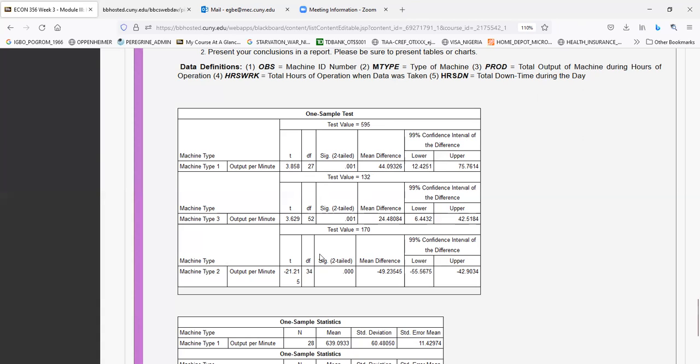For machine type 2, 85% of 200 is 170. And for machine 3, 85% is 132. So your null hypothesis is already given to you. You get the point?